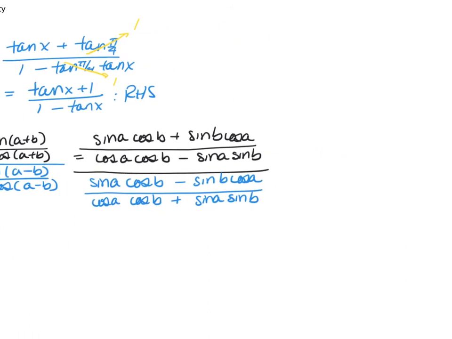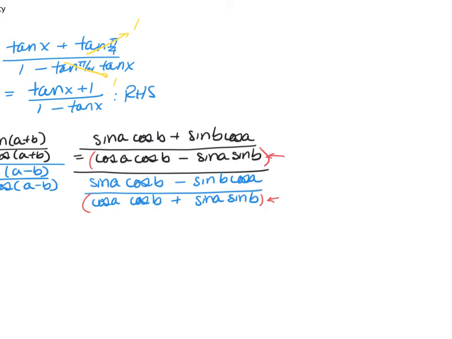Now what I have is a fraction, that's the black one, over another fraction, that is the blue one, so I have a complex fraction, a fraction over a fraction. My lowest common denominator is going to be this denominator right here multiplied by this denominator right here. So let's go ahead and multiply the numerator and denominator by that.